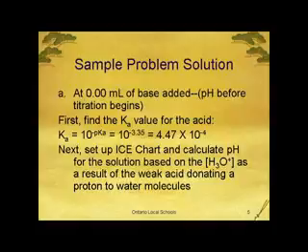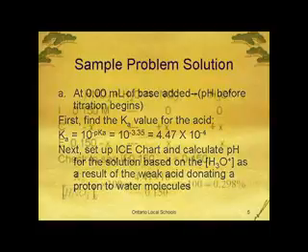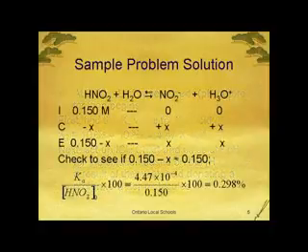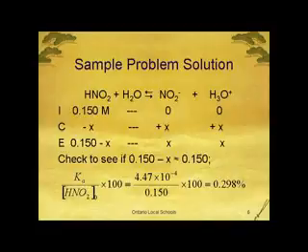Next, we're going to set up an ICE chart and calculate the pH for the solution based on the concentration of H3O+ as a result of the weak acid donating a proton to water molecules. Here's our ICE chart, and here's where the critical part of acid-base equilibrium is to be able to write the reaction of the weak acid or the weak base.